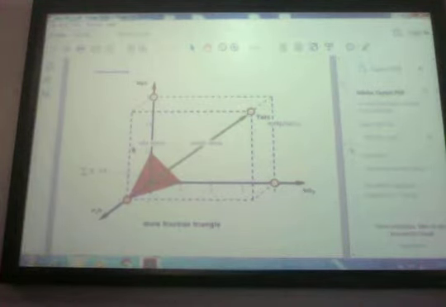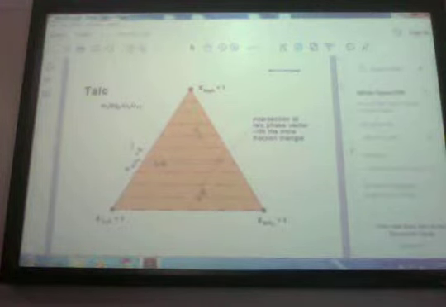So if we are making a projection on a 2D space with three components, then we are using a triangle. So next slide. So that is then the way how it looks like. That is now such a triangle.